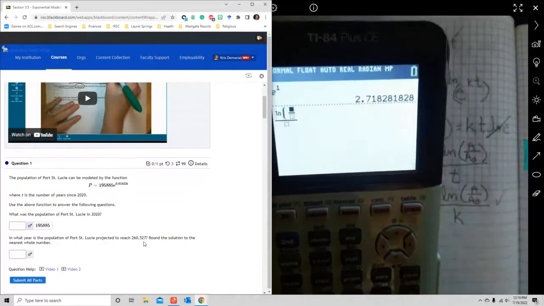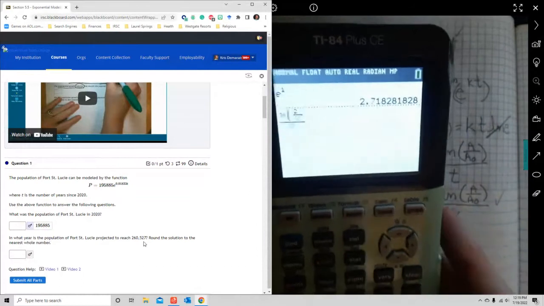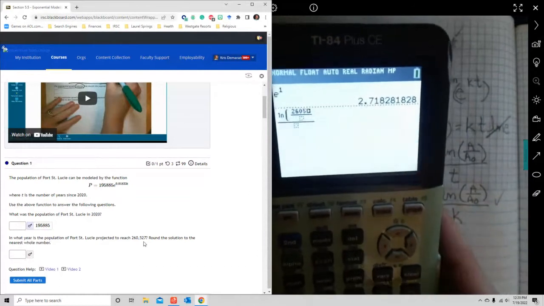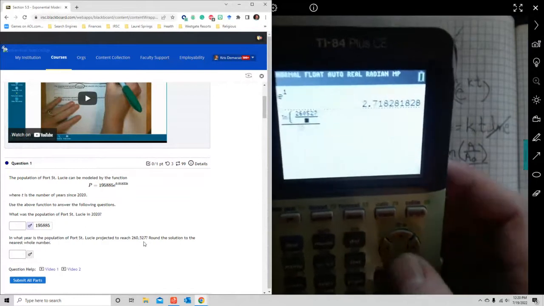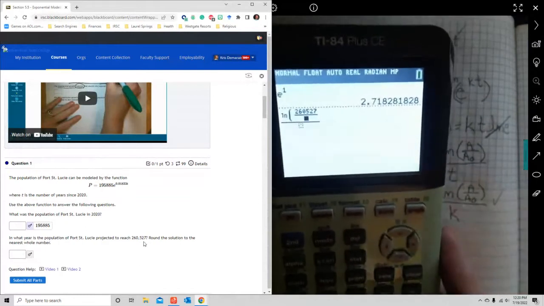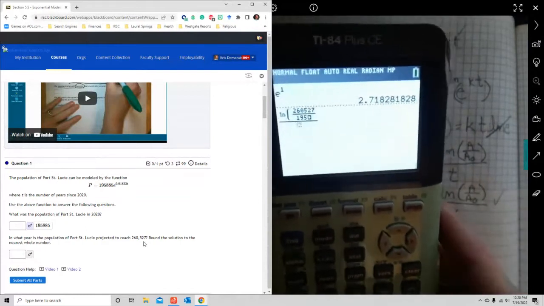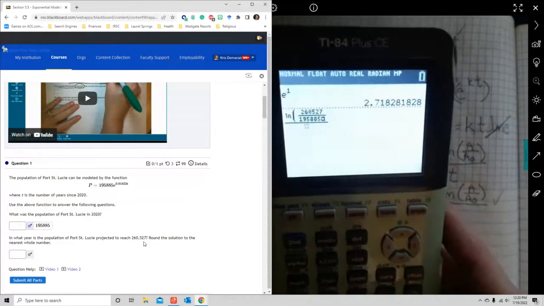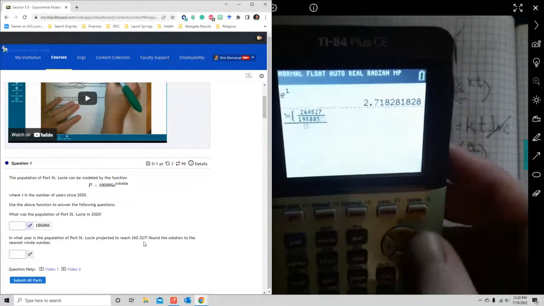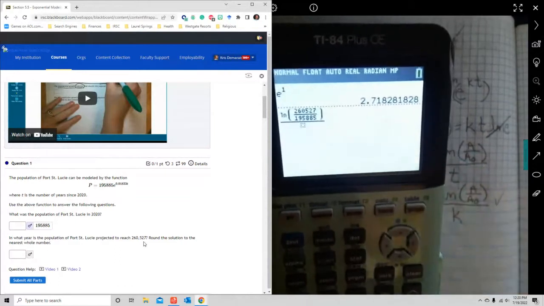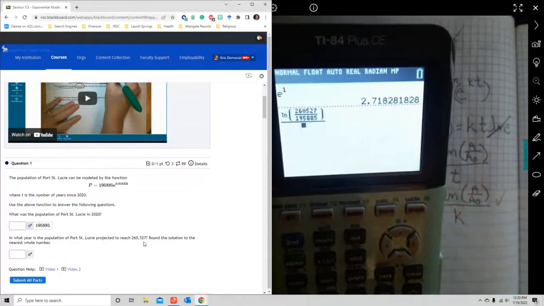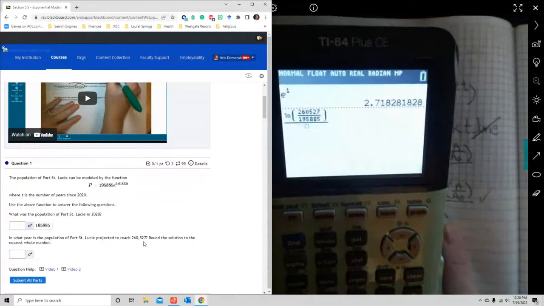But then we want to take the projected value of 260,527, and then we want to divide that by the initial population of 195,885. All right, and then we want to go ahead and close that parenthesis, drop down to the denominator, and then we want to divide it by the k value.